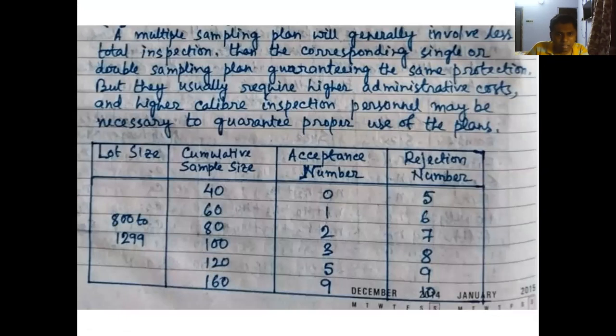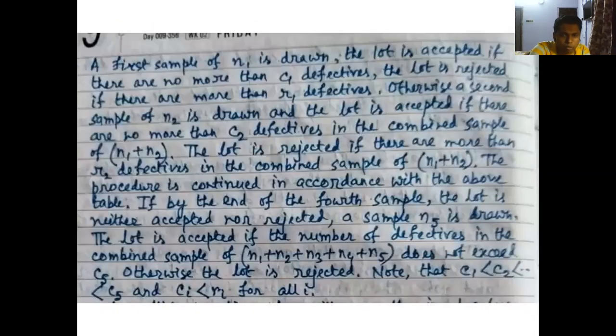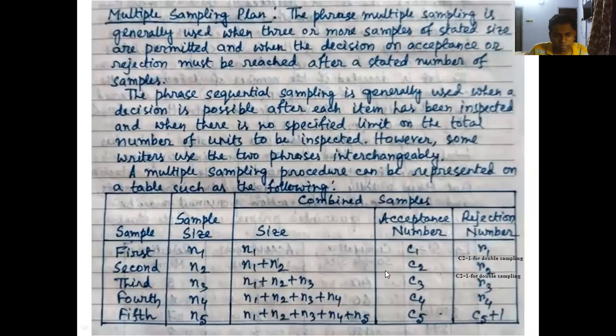But here the difference is that in multiple sampling the value of C2 will be changed.